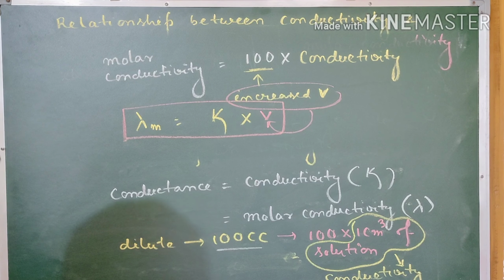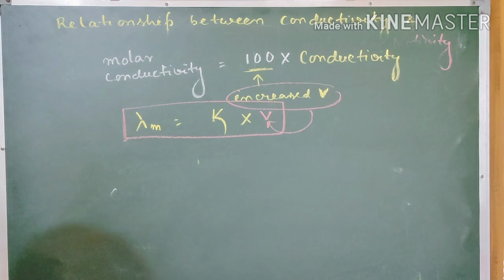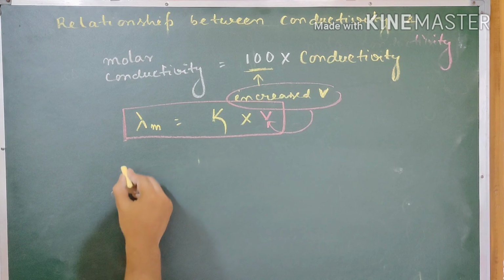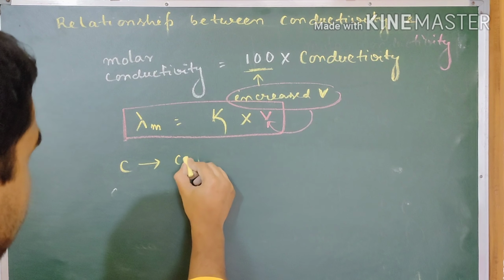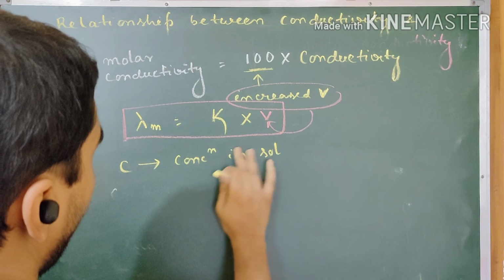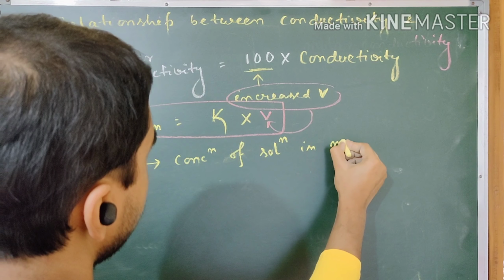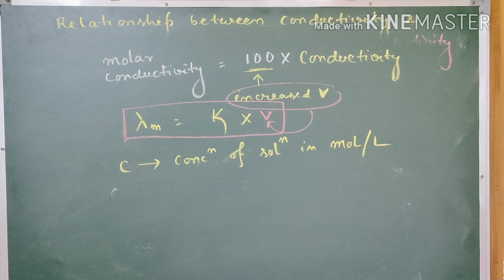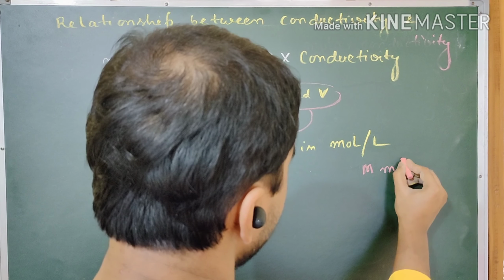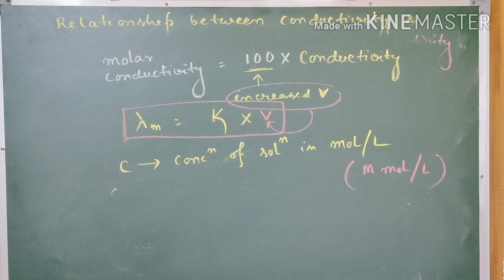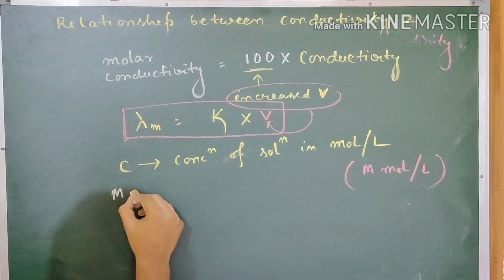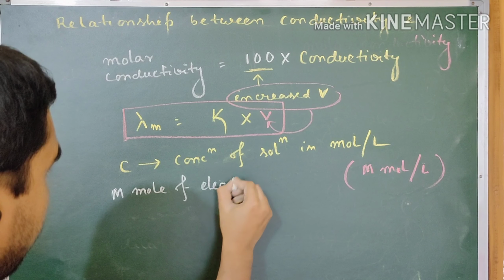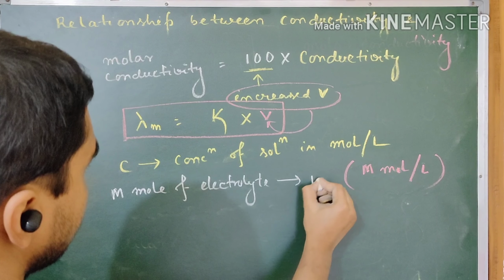Further, if C is the concentration of the solution in moles per liter, say m moles per liter, then m mole of electrolyte is present in 1000 cc.